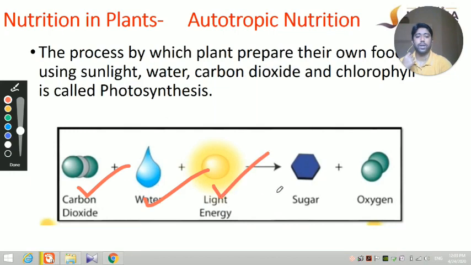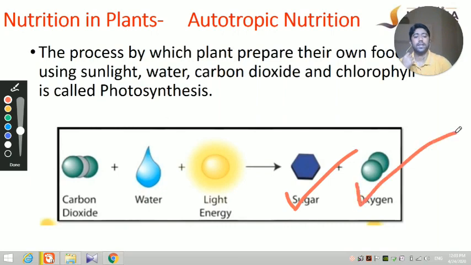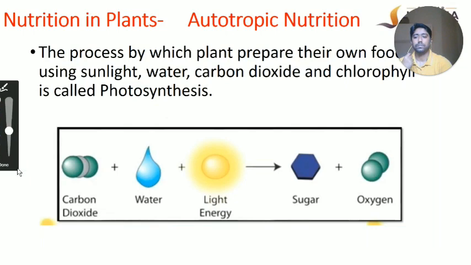These components combine together to give sugar, which is nothing but glucose, plus oxygen that is given out by the plants and is taken by animals for their own respiration. Okay, so the process by which plants prepare their own food using sunlight, water, carbon dioxide and chlorophyll is called photosynthesis.